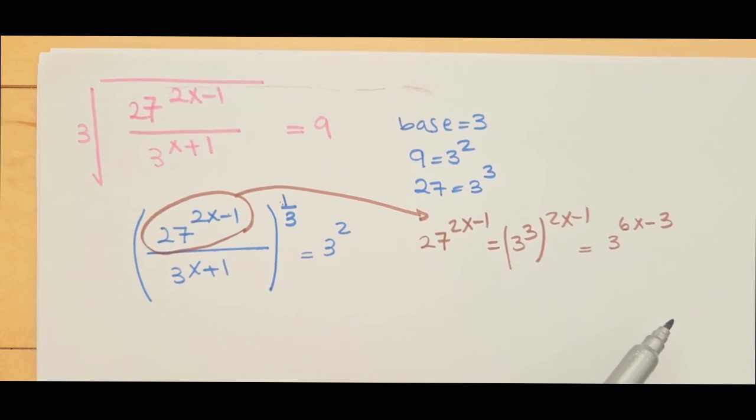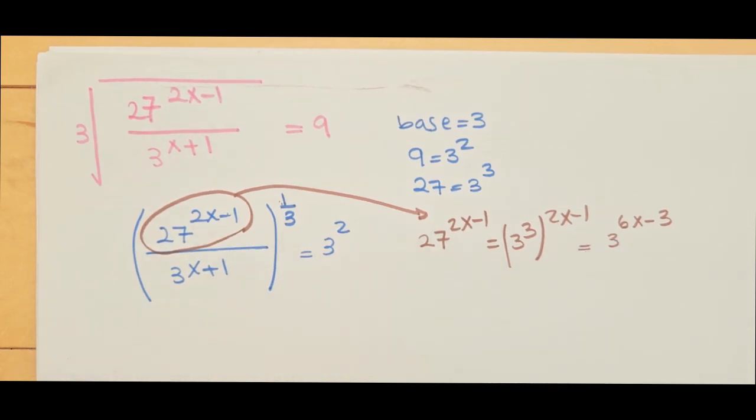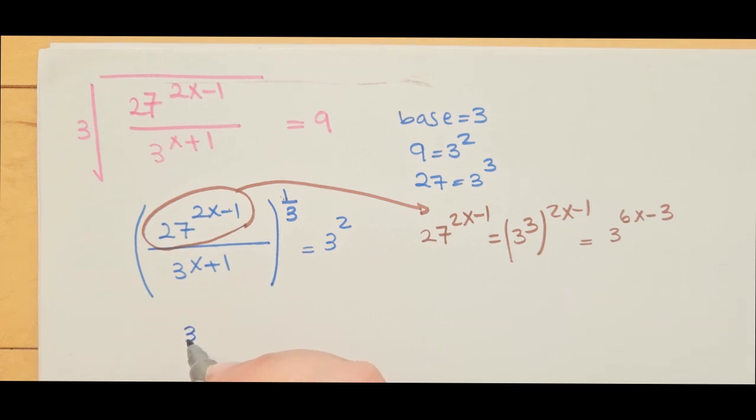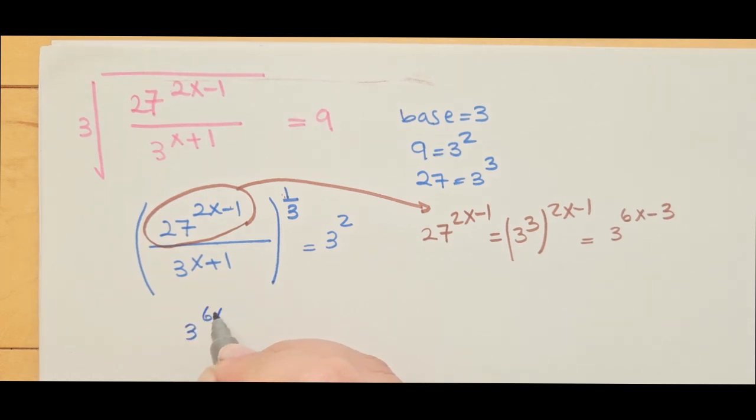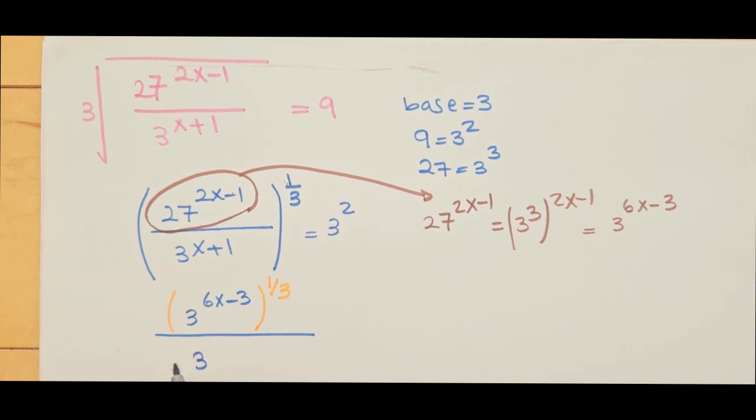Okay, so here I will just substitute what I calculated here. So that would be 3 to the power 6x minus 3. But remember, I have an exponent or power sitting outside. So I'm going to write it with a different color. Okay, 1 over 3. On the denominator, I have 3 to the power x plus 1.